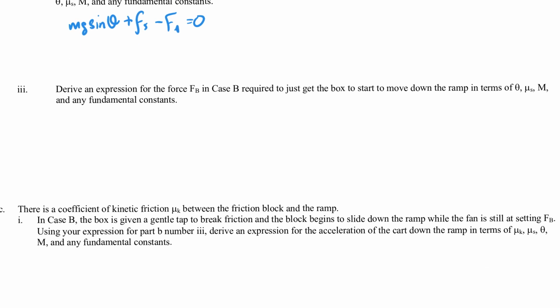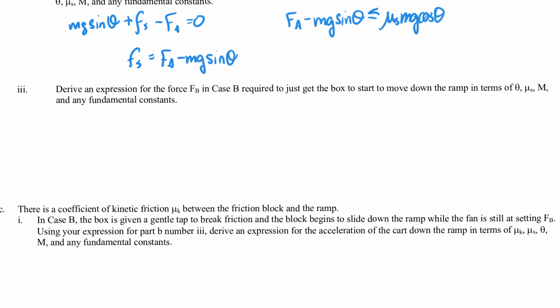My normal force will be the same, so friction is equal to Fa minus mg sine theta, and therefore Fa minus mg sine theta must be less than or equal to mu s mg cosine theta.